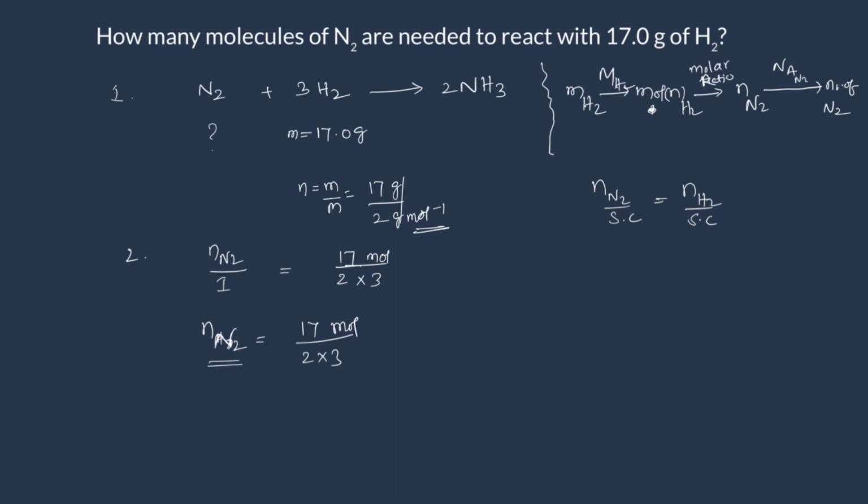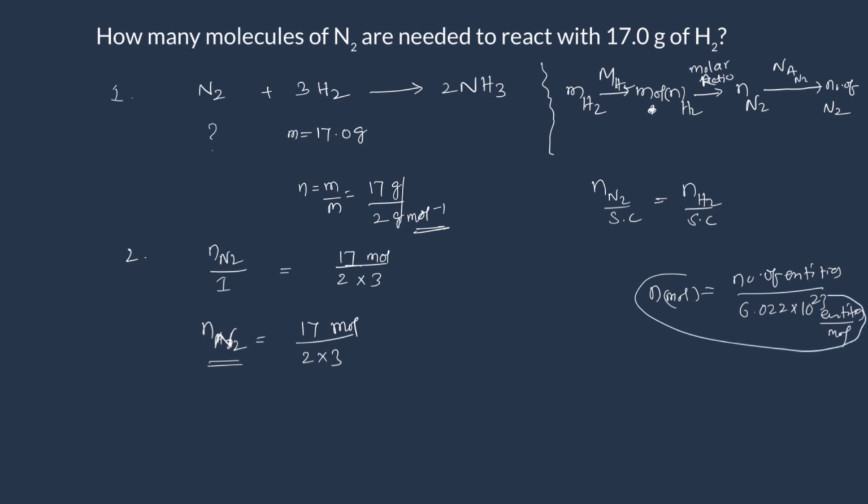From this what can we convert? Now we can convert into what they are asking, because now we have to calculate the number of molecules. Then we know that n, it means moles, is equal to number of entities by Avogadro number, 6.022 into 10 power 23 entities per mole. So now we have the moles. What do we have to do?